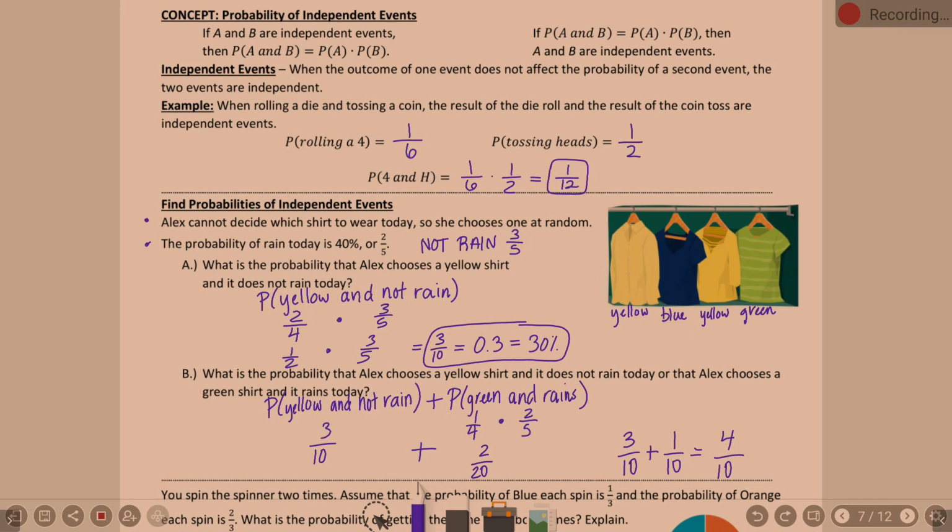I'm wondering if the book wants a percent on this one, because I just have 4/10 equals blank percent. 4 out of 10 would be 40 out of 100, and so this is 40%. Again, you can always change it to a decimal by dividing, and then multiply by 100.